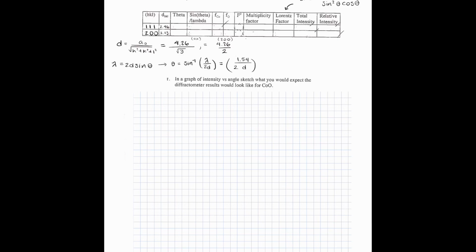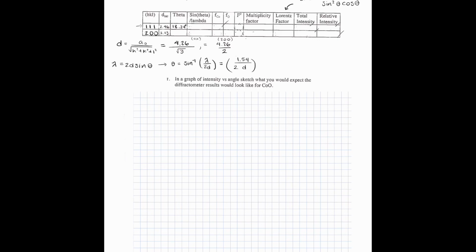For the 111, we get 1.54 divided by 2.46 is equal to, and then we're going to take the inverse sine of that. Gives us 18.24 degrees.